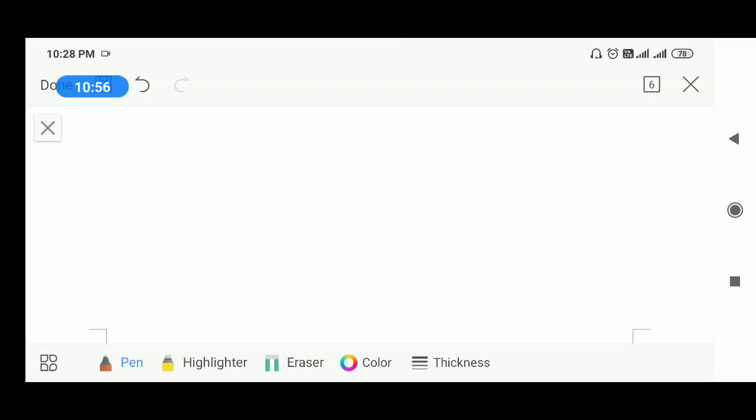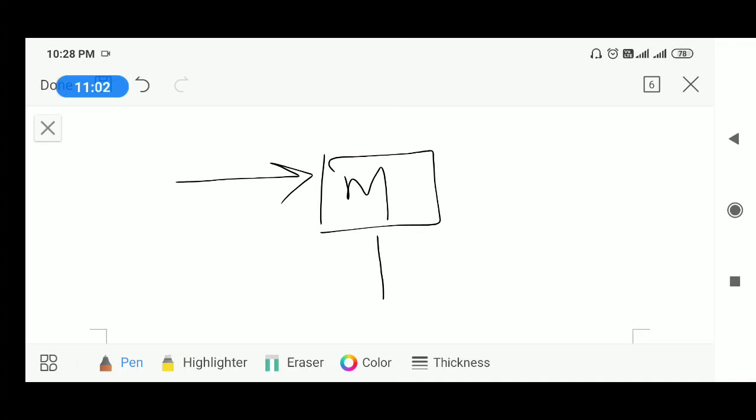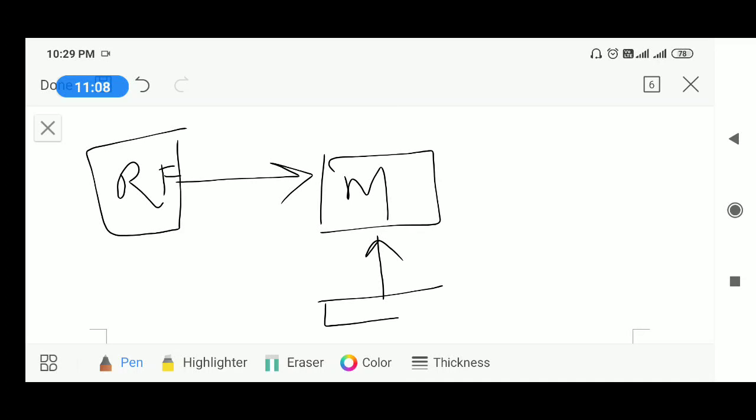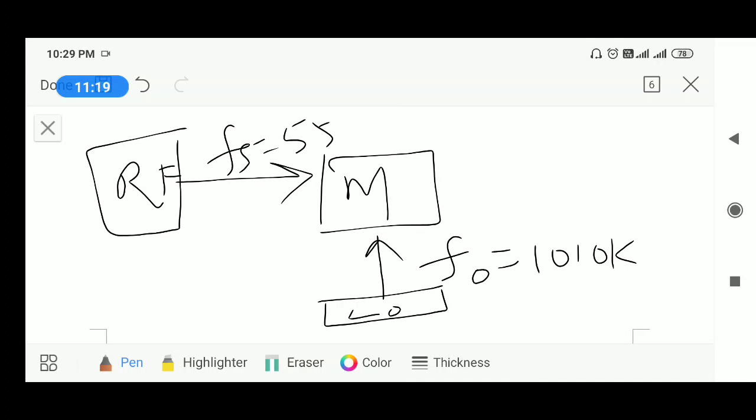There is a super heterodyne receiver with main blocks: RF amplifier, mixer and local oscillator. Local oscillator frequency F0 is 1010 kHz, and desired frequency Fs is equal to 555 kHz.